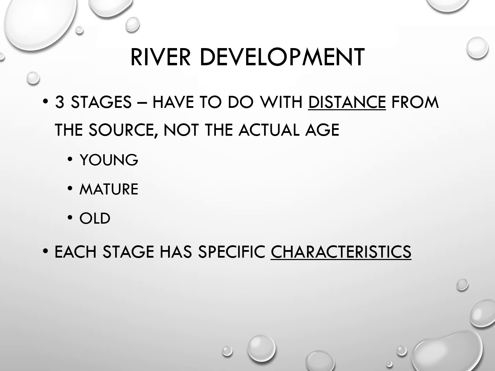It's more to do with the distance from the source. So each river is going to have places along the river that might be in these different stages, and they're all the same river. It has to do with the distance from the source of where the water is coming from, and each stage does have very specific characteristics.